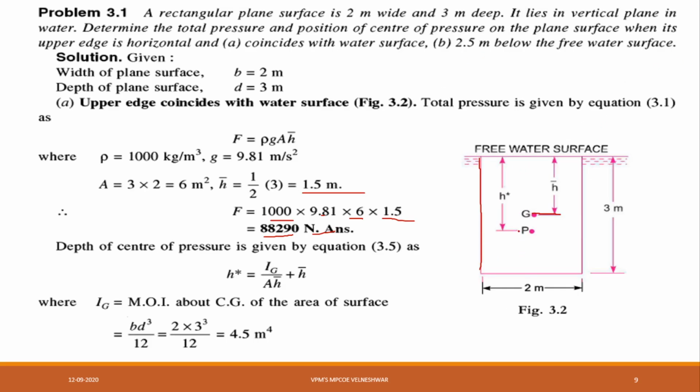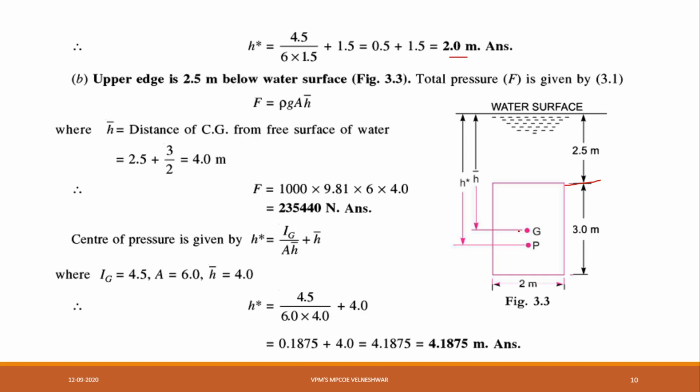Now the upper edge is 2.5 meter below the water surface. Here extra height is adding, so with this simple formula only h bar will change. While finding h bar, I have to calculate 2.5 plus 3 divided by 2, that is 2.5 plus 1.5, which is 4 meter.